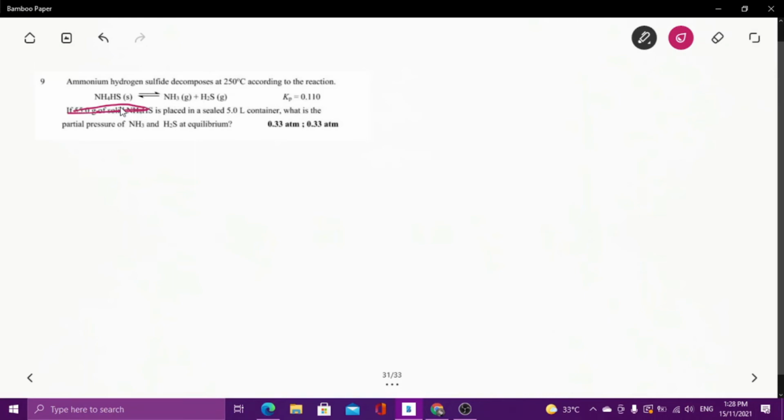Okay, so bila dapat soalan macam ni, dia nak minta equilibrium ke ataupun dia nak minta partial pressure at equilibrium ke, anda harus ingat ICE. Saya cuba buat lukisan ICE ni. ICE table. Okay, so buat ICE table. Anda akan letak kat sini NH4HS solid.